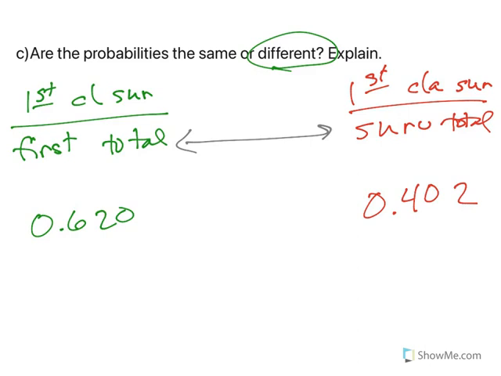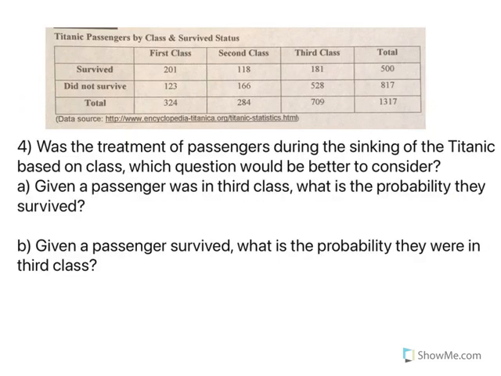In the left one here, we looked at just first class people, probability that you survived. Then we looked at just the survivors, probability that you were in first class. So the denominator changed, which resulted in different numbers. So remember, when we're thinking about probability and comparisons, if the denominators changed, you can't really do a fair comparison. To really compare fairly, we need to think about the same denominator.